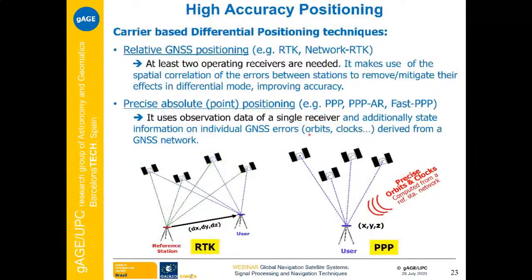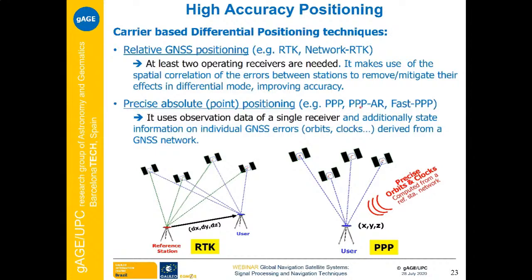Basically, we have two main techniques. First is relative positioning, this is the RTK or network RTK, and the second one is the precise absolute or point positioning, and this is the PPP, precise point positioning.